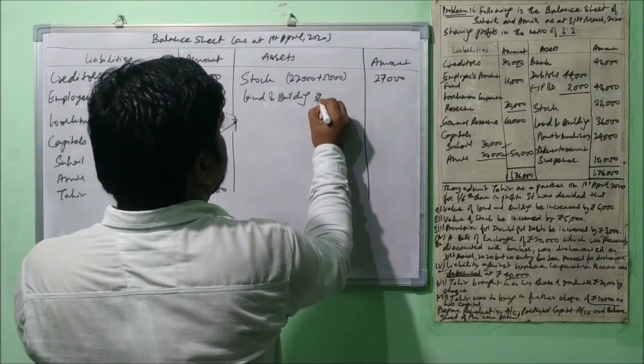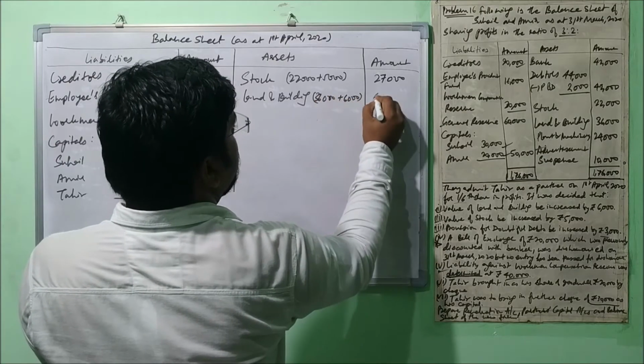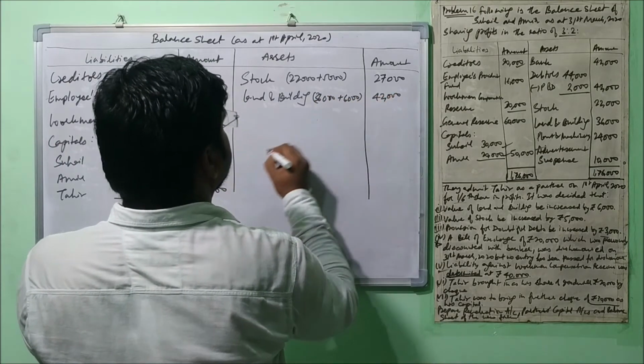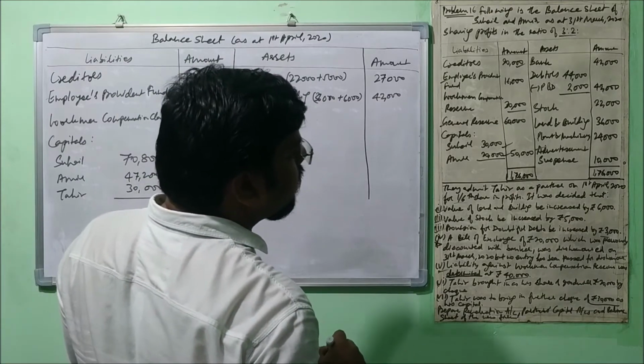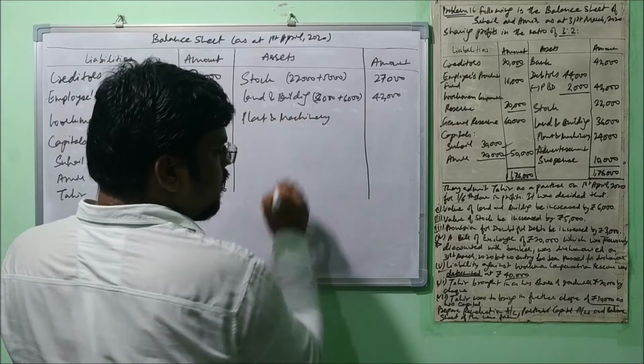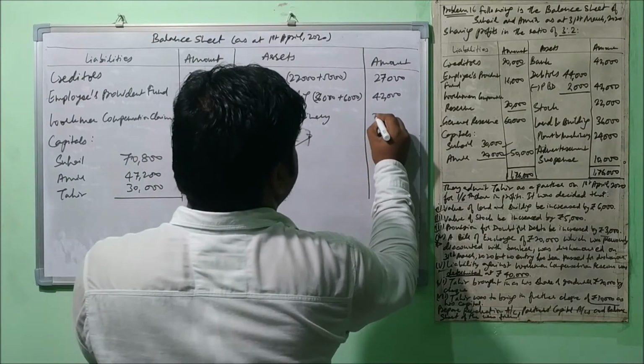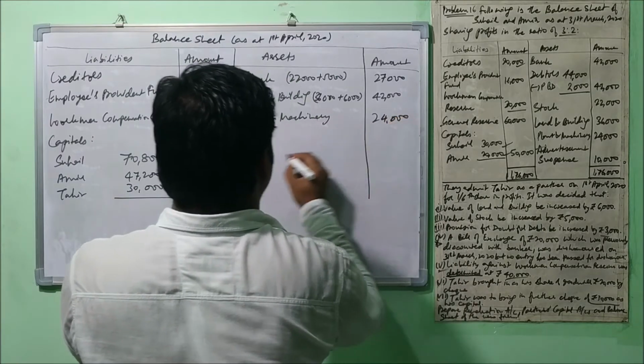So 36,000 plus 6,000, that is 42,000. Fine. Now plant and machinery, is there any change in this? Let's see. I do not see any change in this. 24,000 will be put as it is.